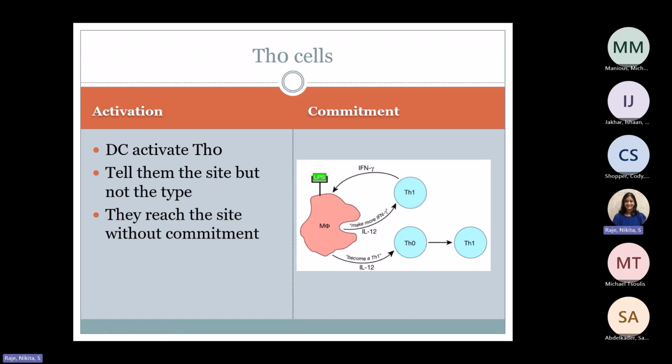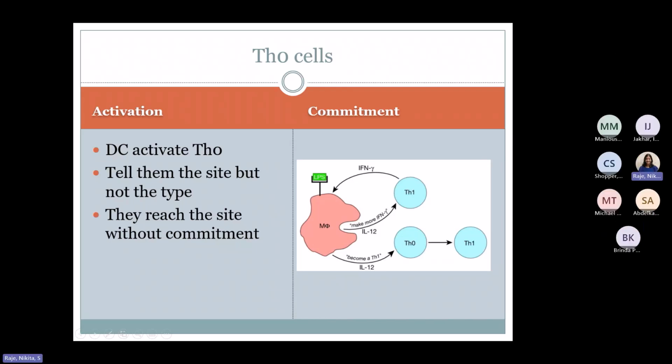So there is a role of these uncommitted or Th null cells in terms of getting to the site of infection and being flexible on their commitment to one subtype of the T helper cells.